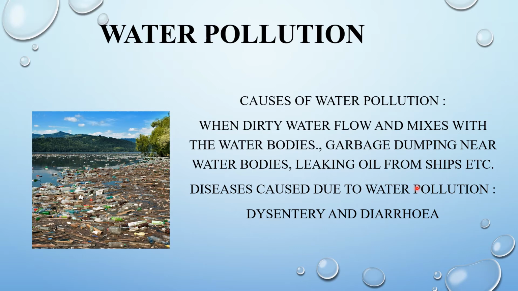So children, to control or reduce water pollution, we have to make sure that garbage and waste products are not released from homes and factories directly into the water bodies. They must undergo treatment before they are released into water bodies.